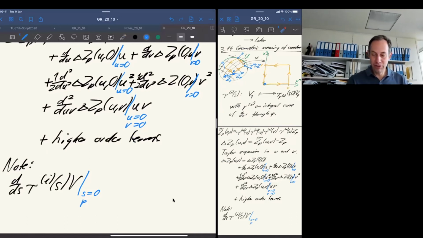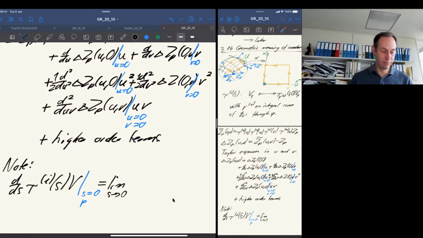And here it's actually important that I don't first evaluate it at the point P, because if I take the derivative after evaluating this at P, this will be a vector at a different point. And I cannot take differences between vectors at different points. This comment may not have been clear to everyone, but it will become clear in a minute. So let me write down explicitly what this derivative means.